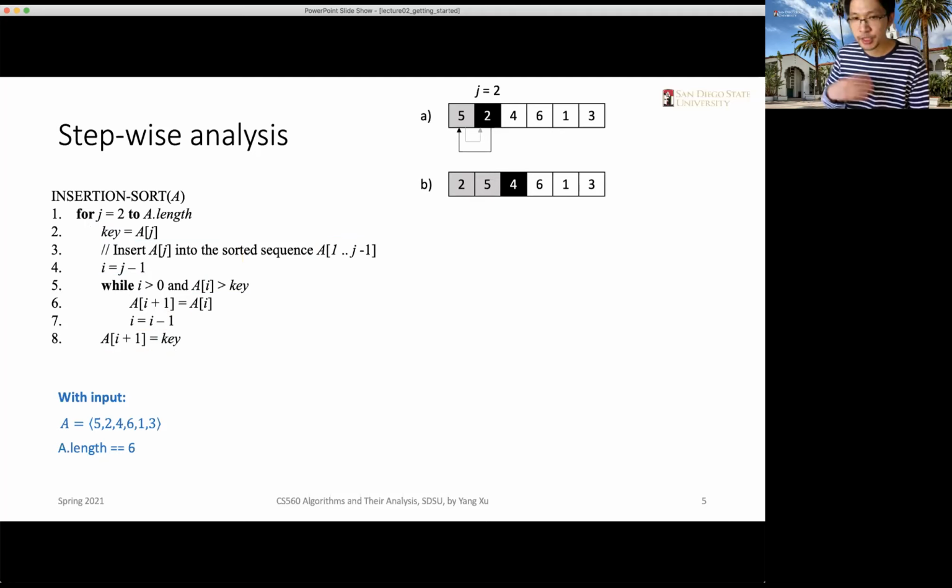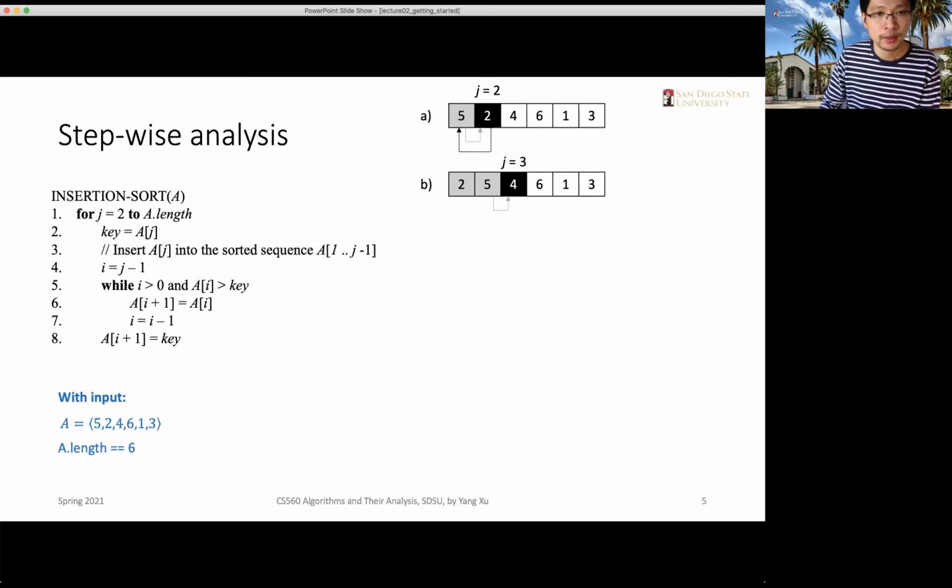In the second iteration of the for loop, j will be 3, and j will point to the third element in the input array. Accordingly, i will be 3 minus 1, which points to the second element. This time the second element is compared to the key, and it still holds that 5 is greater than 4.